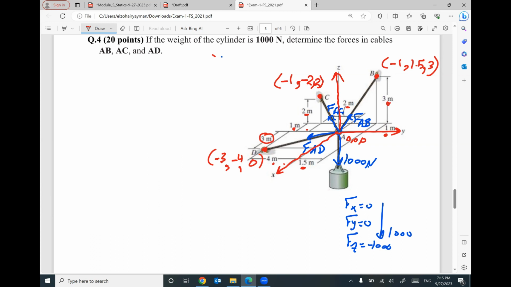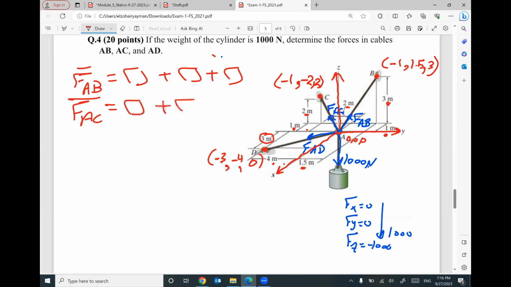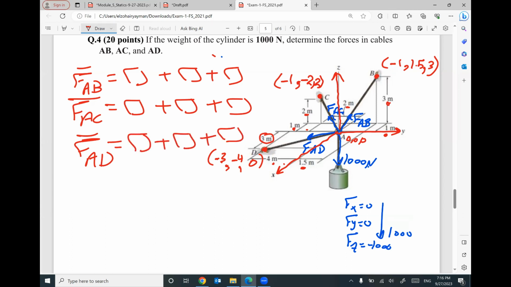Once you can figure out the coordinates of 2 points related to each force, I can break FAB as a vector, FAC as a vector, and FAD as a vector. And we have the weight as a vector.